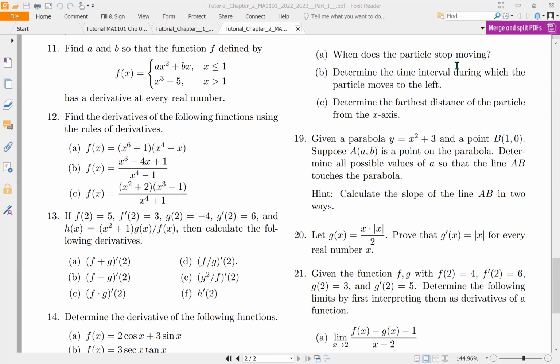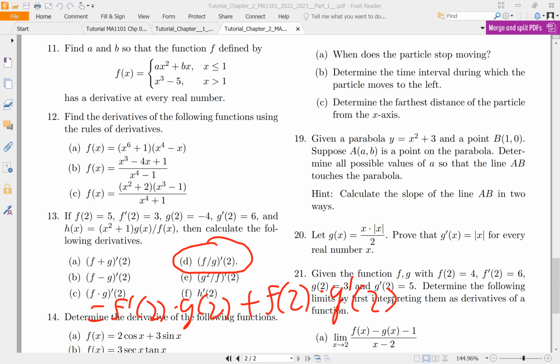You have to write, for example, the derivative of f multiplied by g is f'(2) multiplied by g(2) plus f(2) multiplied by g'(2). Okay, so that's the formula. Of course, you have to know the appropriate formula for the ratio, the quotient rule here.